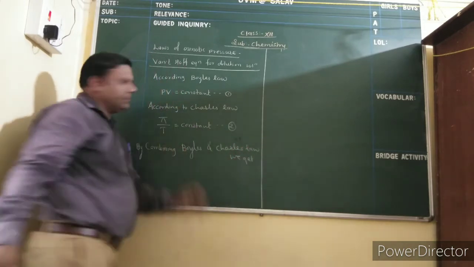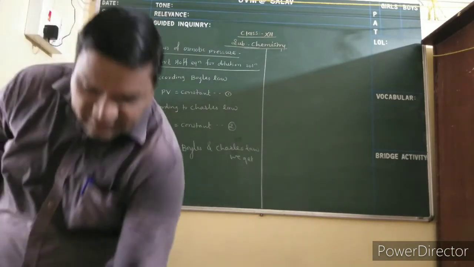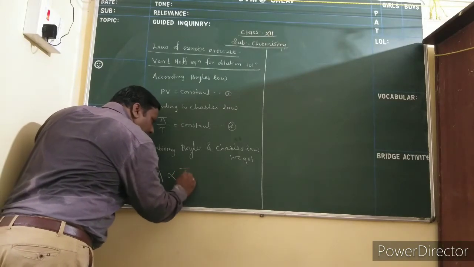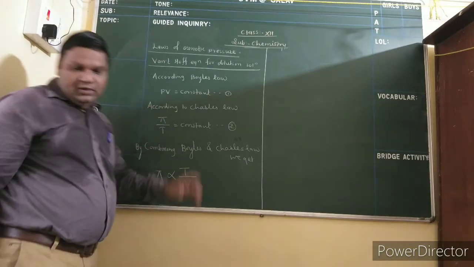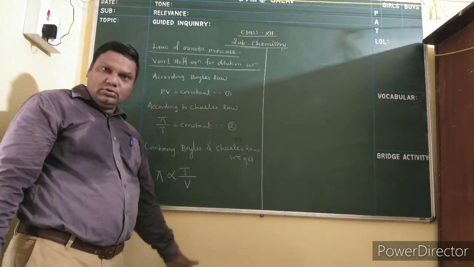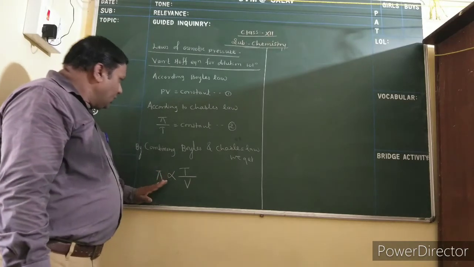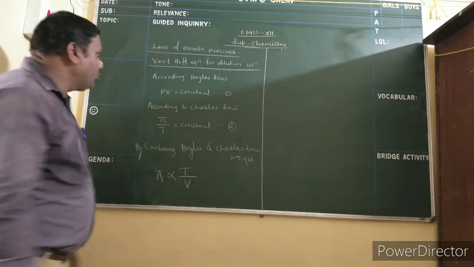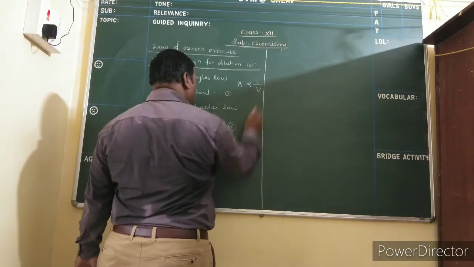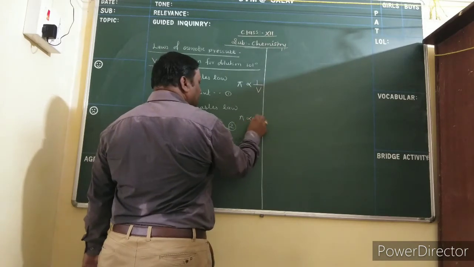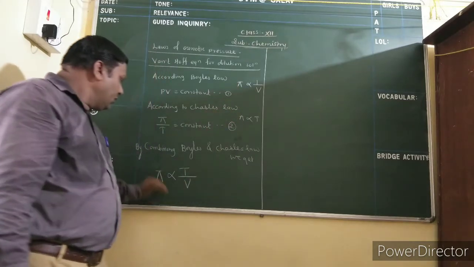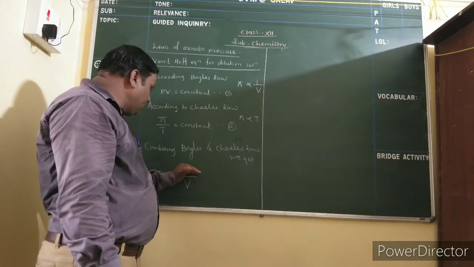We get pi is proportional to T upon V, directly proportional to temperature and inversely proportional to volume. Is the point clear? Using equations 1 and 2: Boyle's law was saying pi is inversely proportional to volume, and Charles' law was saying pi is directly proportional to temperature.